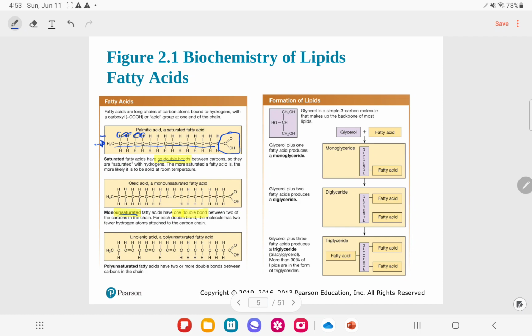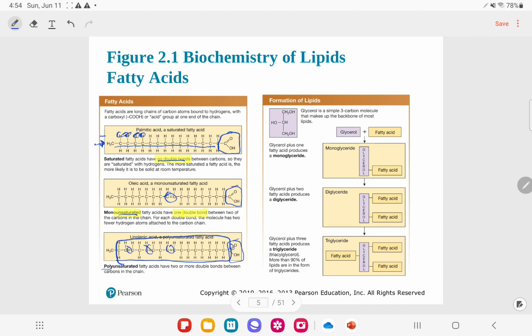So a monounsaturated fatty acid has one double bond, but a polyunsaturated fatty acid is going to have multiple double bonds, and they're going to be double bonds between the carbons, okay? Notice how this carboxyl group is a functional group, it has a double bond in there, but that's not associated with the actual fatty acid tail when we're talking about the double bonds within that chain, okay?